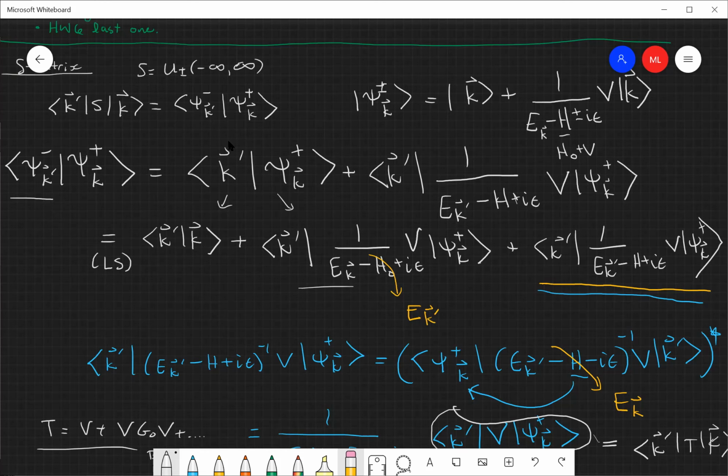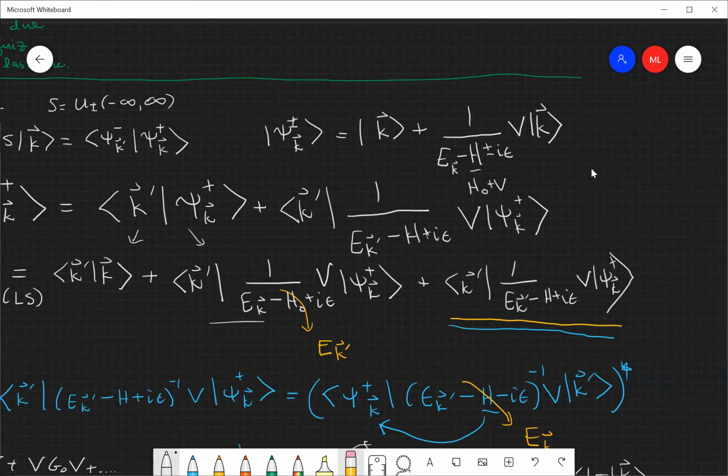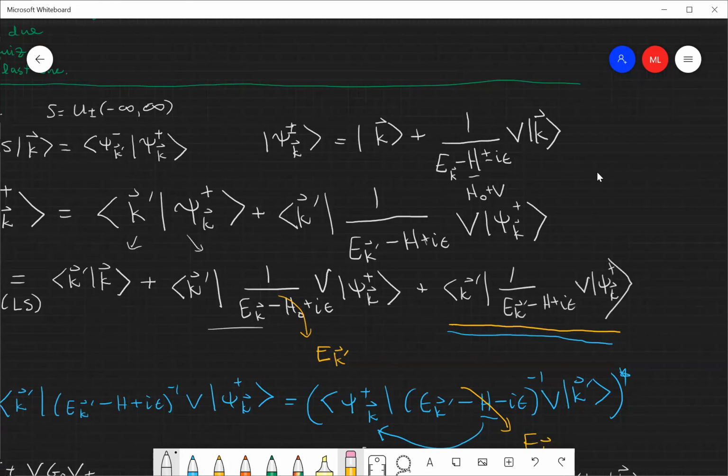You mean here? When we go from there down to the next step, shouldn't the second term have a k at the... No, not quite.